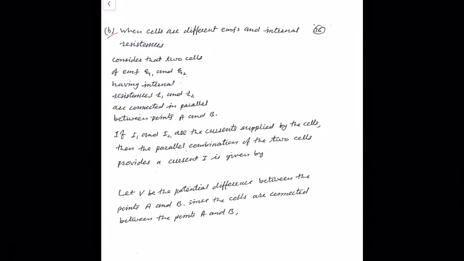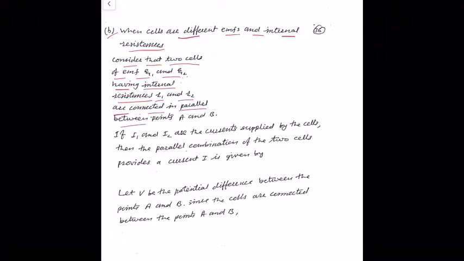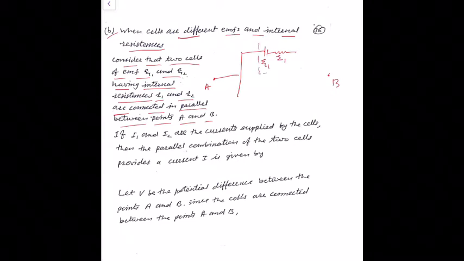Next, B. When cells have different EMF and internal resistances, consider that two cells of EMF E1 and E2 having internal resistances r1 and r2 are connected in parallel between points A and B. The first cell has EMF E1 and internal resistance r1.